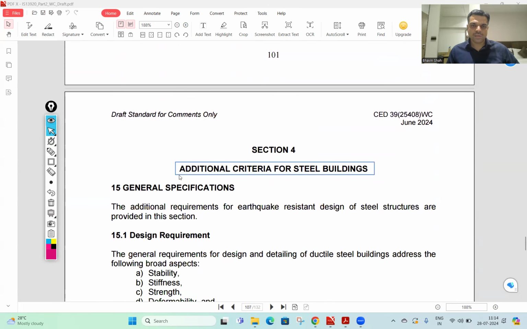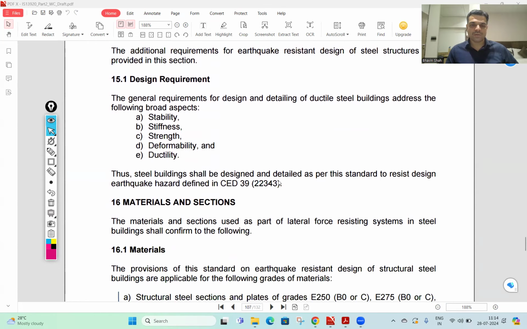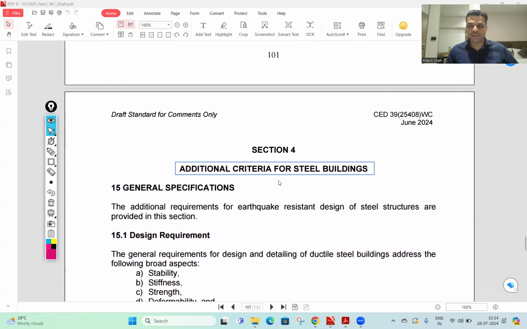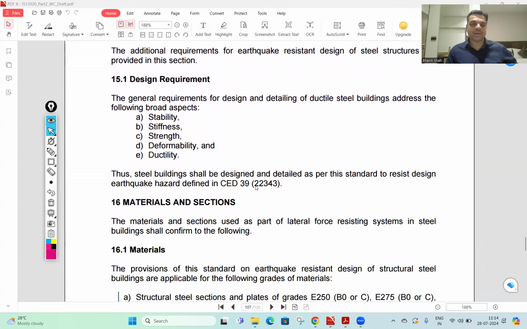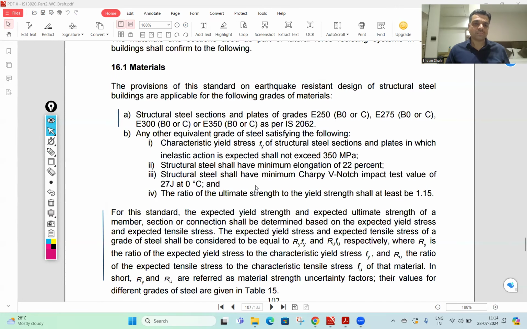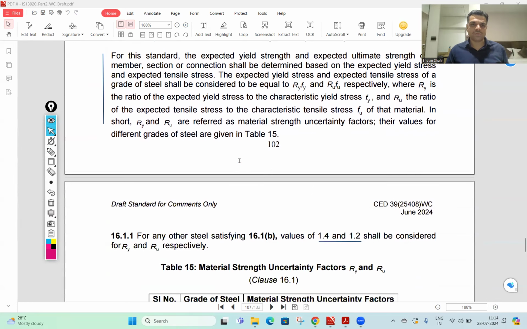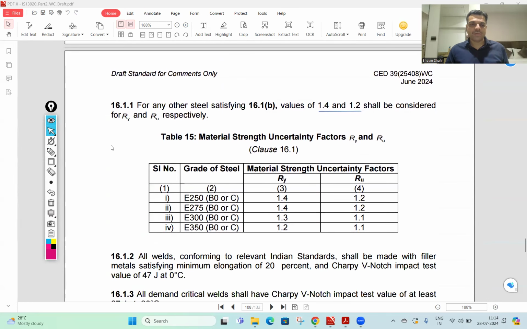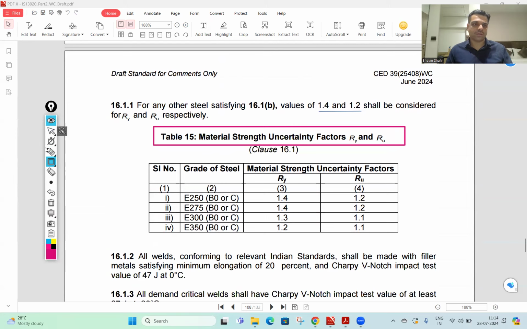Okay, finally, additional criteria for steel buildings. As I said, for steel buildings, we had a number of sessions with reference to ductile detailing of the steel structures. Quickly, I'll highlight a few of the points here. The material is now updated in this standard. There is a concept called material strength uncertainty factor, RY and RU, and the values are 1.4 and 1.2.